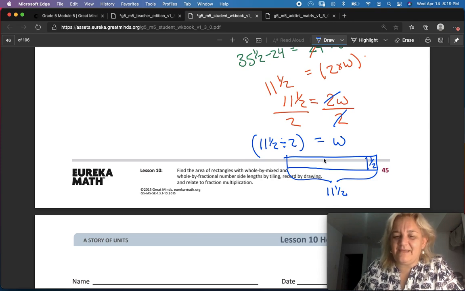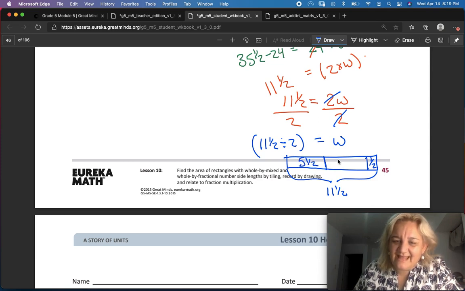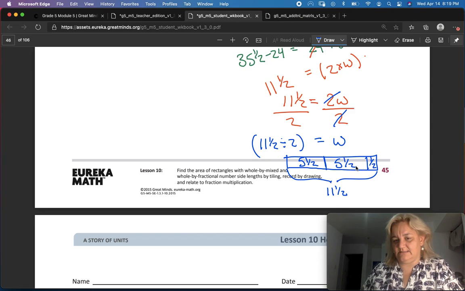And I'm going to cut the middle in half. So what is 11 cut in half? If I cut that in half, 11.5, I have 5.5 and 5.5. Okay? So 5.5 plus 5.5 plus a half equals 11.5, right?